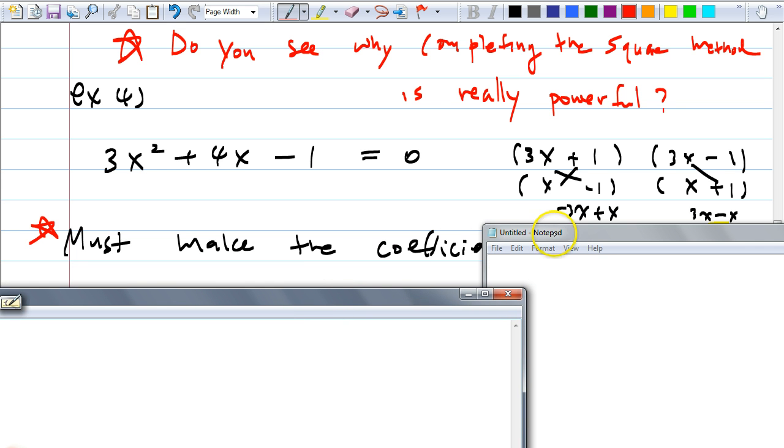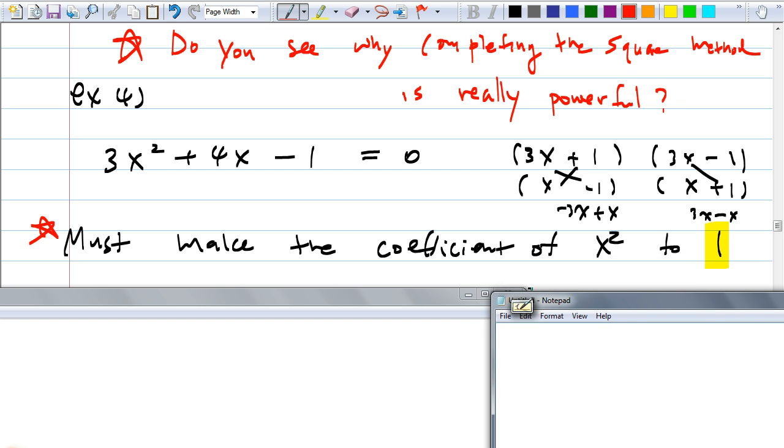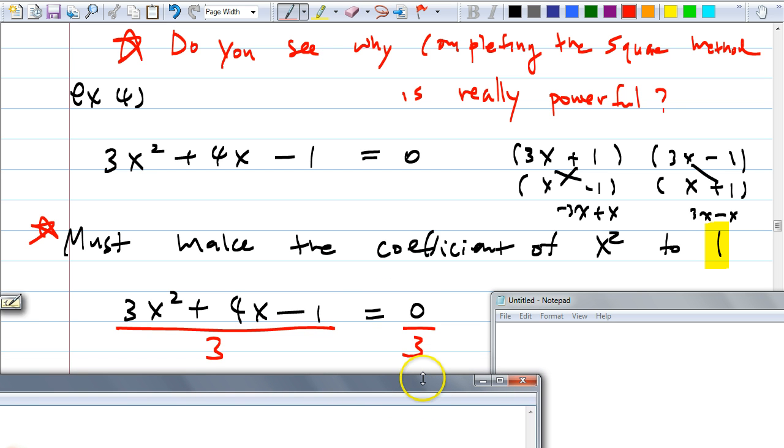So write this down, guys. This is the most important step when you are completing the square. Must make the coefficient of the x squared, the leading coefficient, 1. Otherwise, we cannot use that pattern we just studied. Does that make sense? And this is very easily done. Whenever we have an equation, you can always make the leading coefficient of the x squared equal to 1 just by dividing both sides by that coefficient.